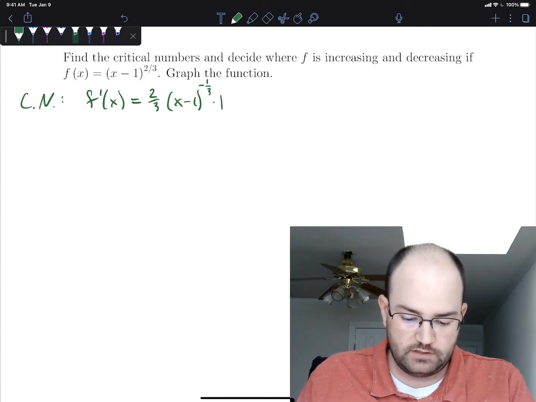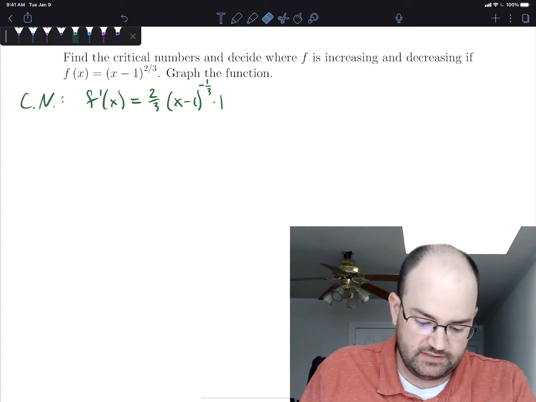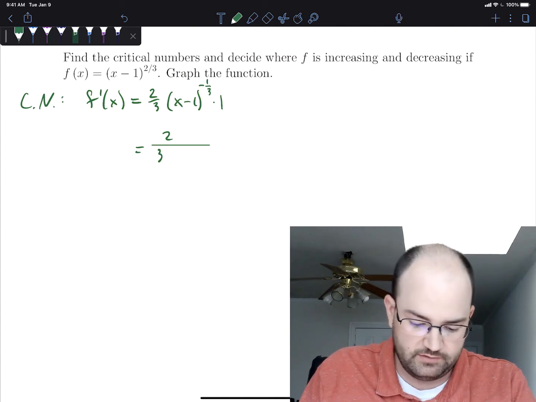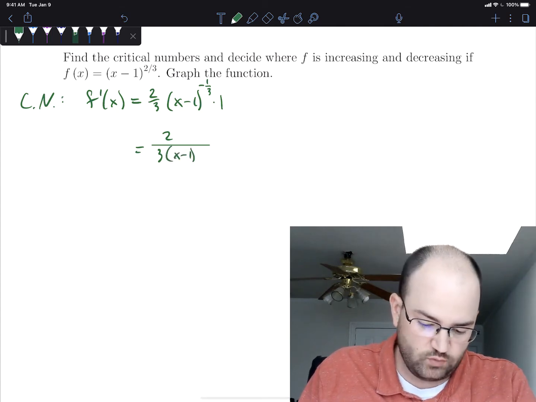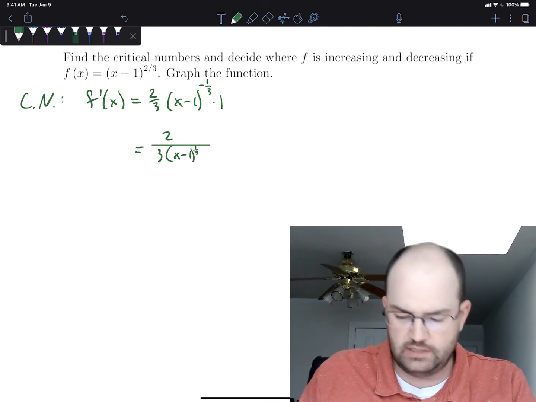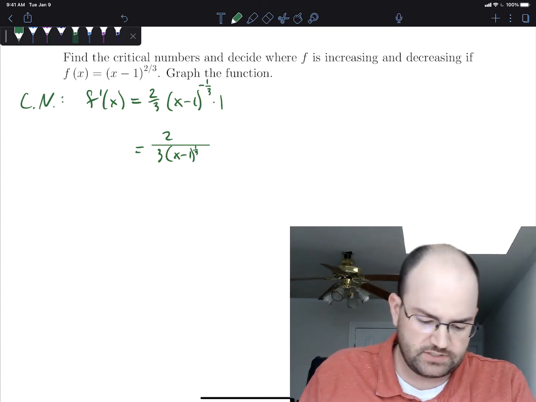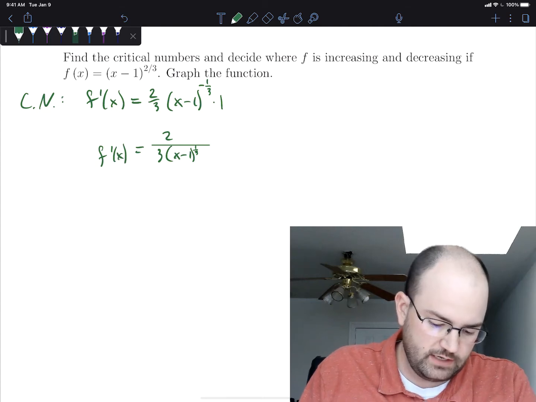Now, if we have a negative as an exponent, it can go in the denominator as 2 over, and then this 3 is already in the denominator, and then making that x minus 1 to the positive 1/3 power. And the times 1 just kind of goes away. So this is the derivative. Now, here's the thing.